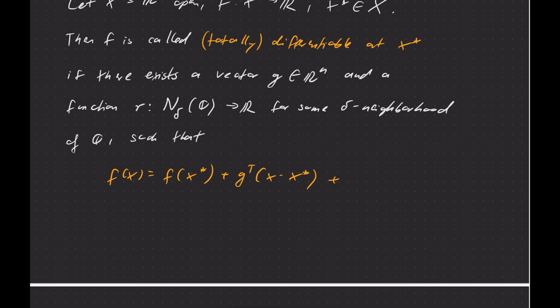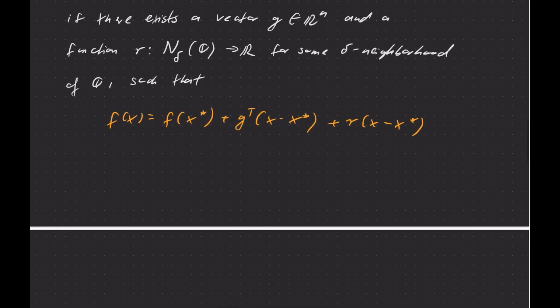this approximation is usually not exact, of course, so we'll have an error, and this is exactly this R, and the error should depend on the difference of x and x star. So if x is equal to x star, then the error should be 0, and it should become smaller as x approaches x star. And of course we'll have to impose a condition on that error.